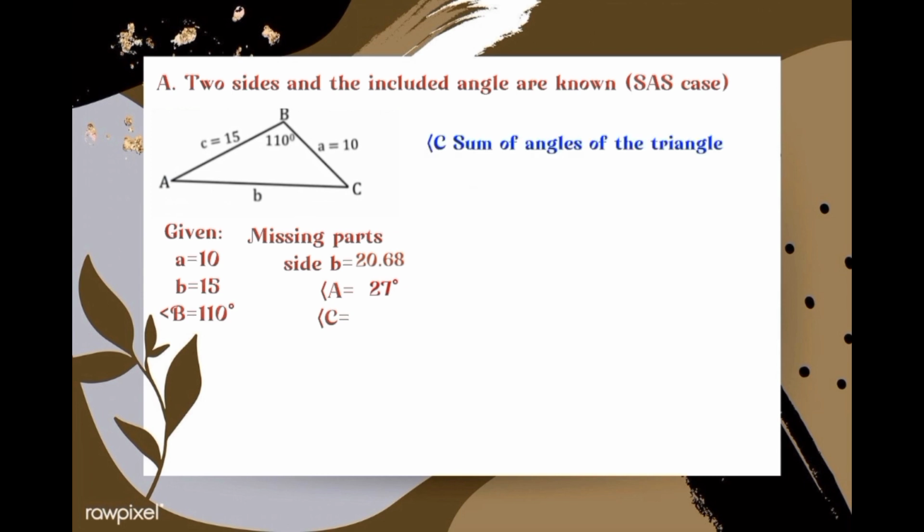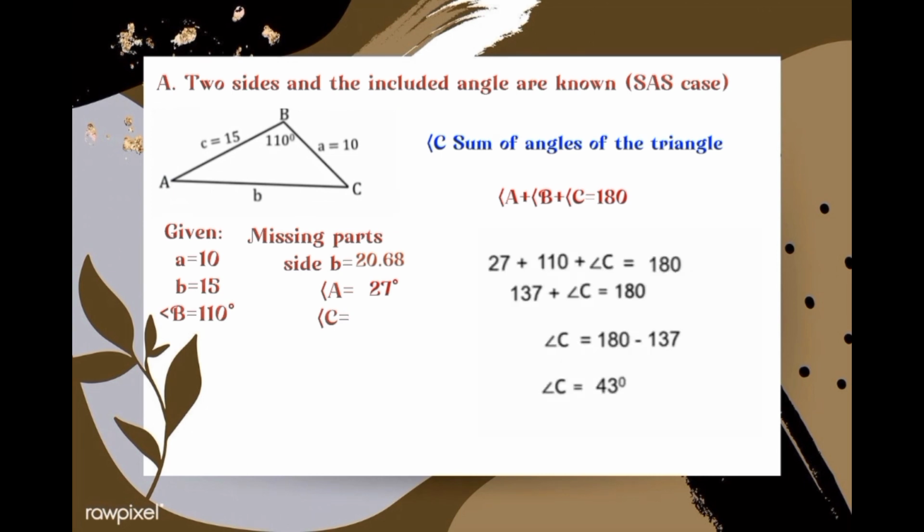So for angle C, since the two angles are already given, we just substitute them into the formula. So the formula is angle A plus angle B plus angle C is equal to 180. So the value of angle A is 27 plus 110 plus angle C is equal to 180.